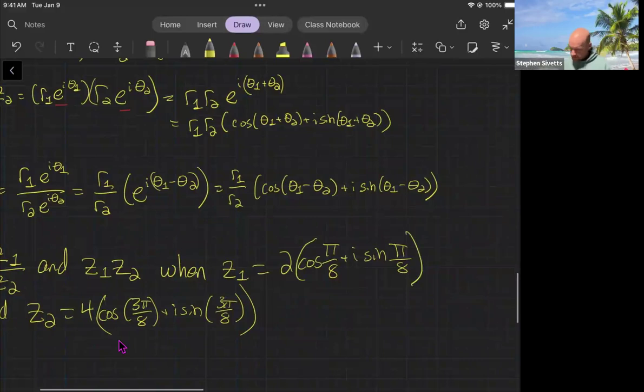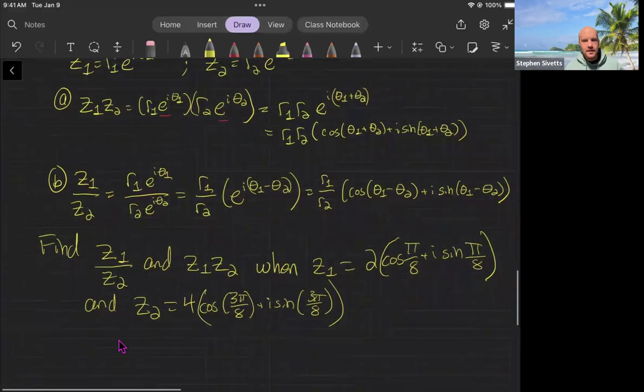These should be parentheses here. Okay, so I'll give you a few minutes to work on this example right here.